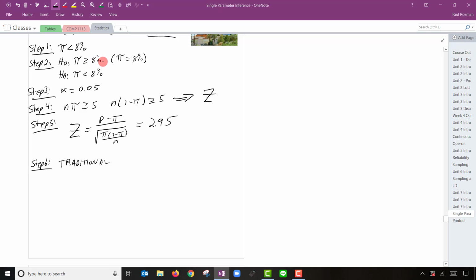Greater than or equal to it. But if you ended up with only 1% of your windows broken, well, that would be unusual under this assumption that it's greater than or equal to 8%. So we're only really worried about the case where we have smaller than. So on the left side, this is a left-tailed test.